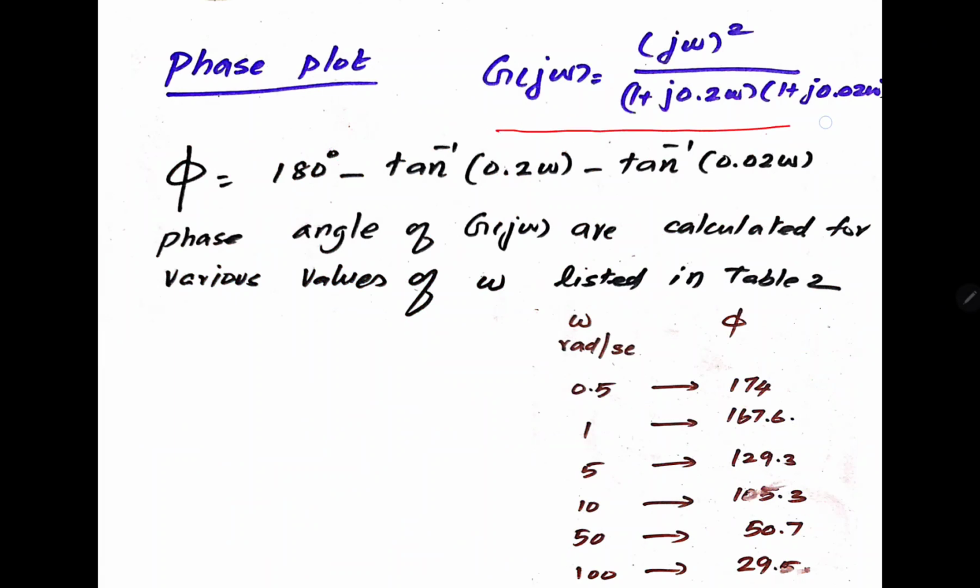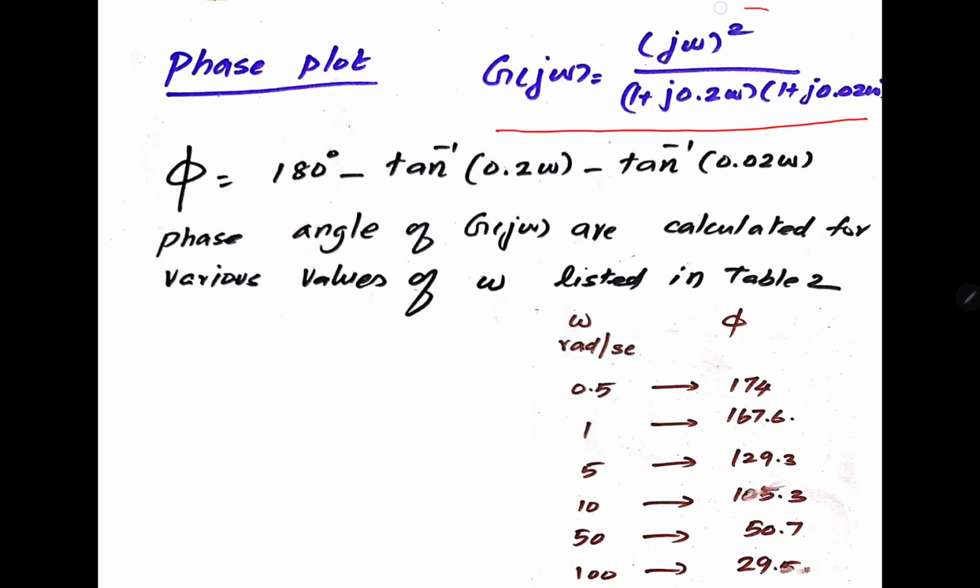We have the transfer function, and here we are going to find the phase angle phi. Phi is equal to, so here we have to give 90 degrees phase angle plus 90 degrees for j omega in the numerator, and if it is in the denominator, then we have to give minus 90 degrees.